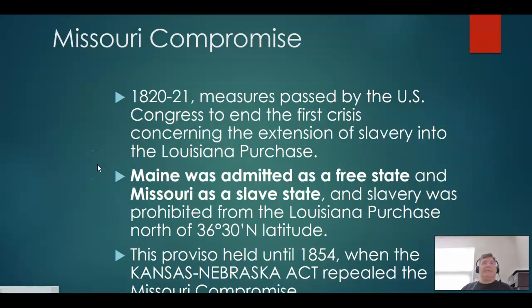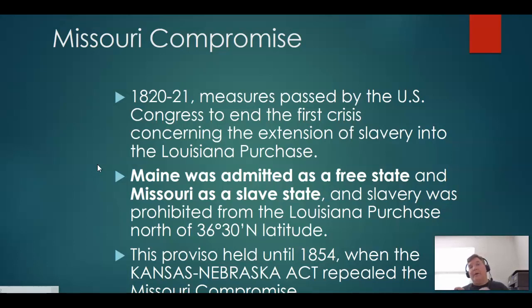The issue is that Missouri wants to enter the Union, the United States, as a slave state. And if you remember, each state, because of the Constitution, gets 2 senators. So small states and big states are equal.